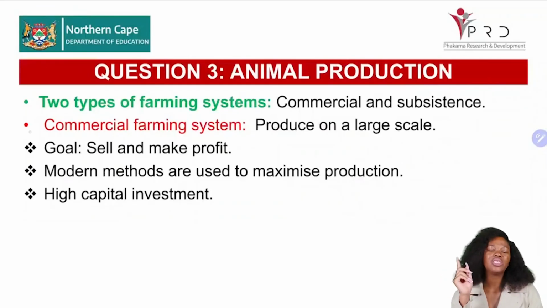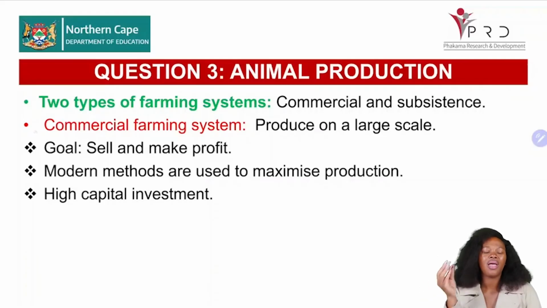Firstly, since we have different farmers, these farmers will raise farm animals for different reasons, or different purposes, or different goals. And those goals, reasons, or purposes are referred to as the farming systems, not factors, the farming systems.